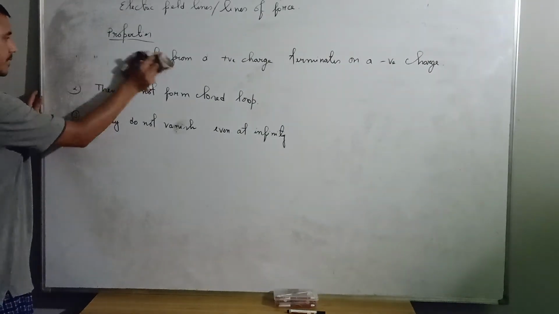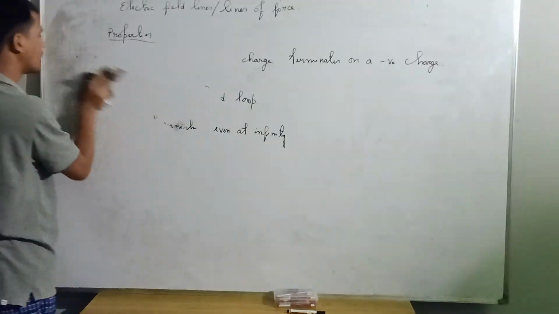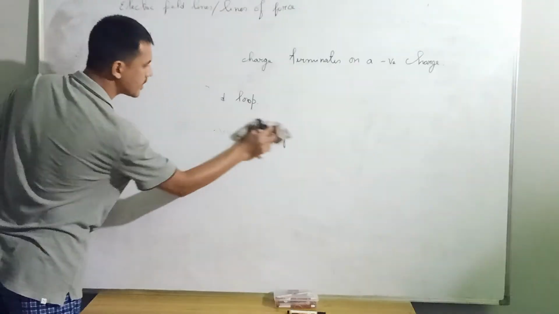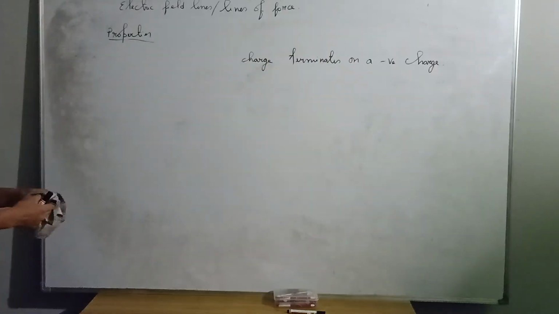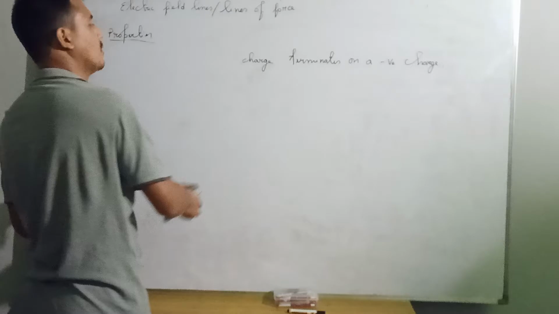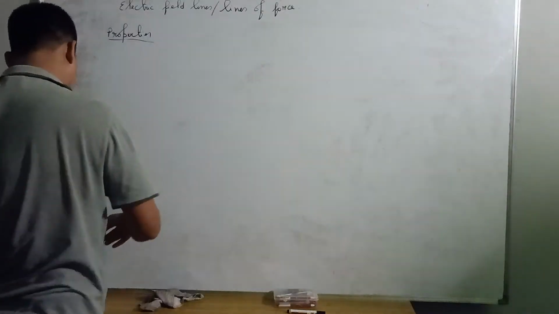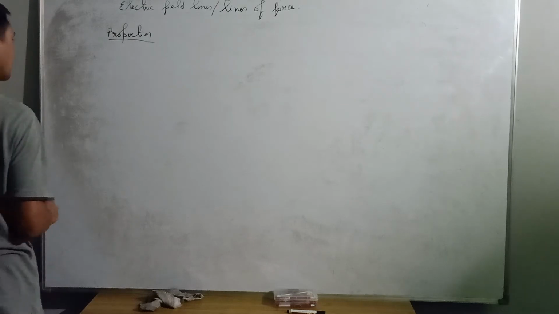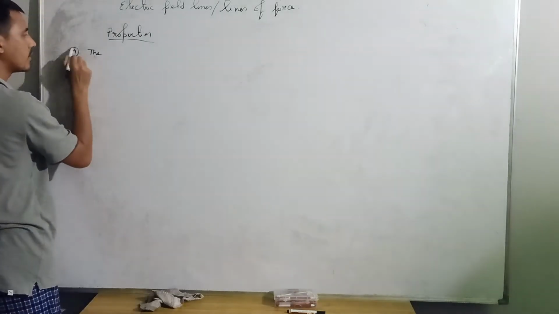The fourth property. The number of field lines is subjective, but the density of field lines is objective. What does that mean? The number of field lines are subjective. This is the fourth point, right?